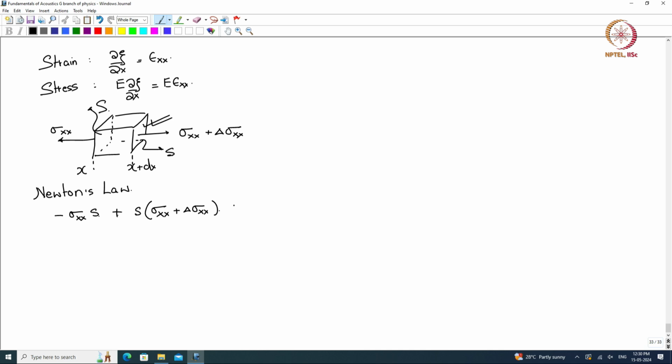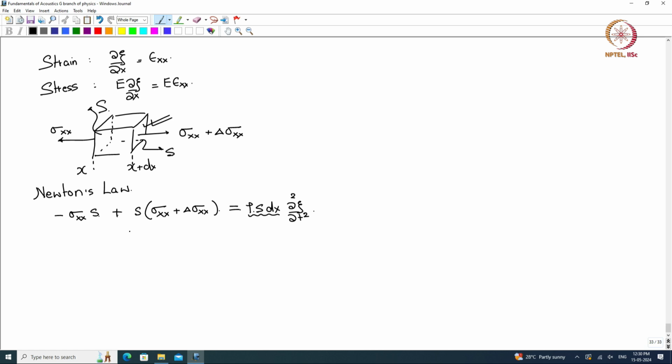Okay, now that is equal to the mass of the element, which is density of the material times cross section into dx, times acceleration, del 2 xi by del t square.